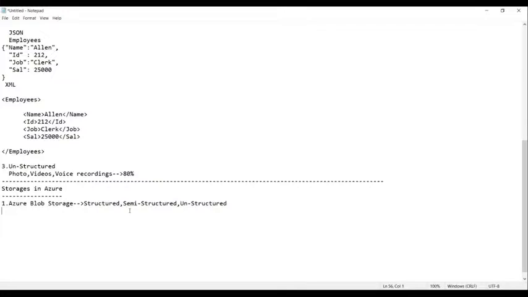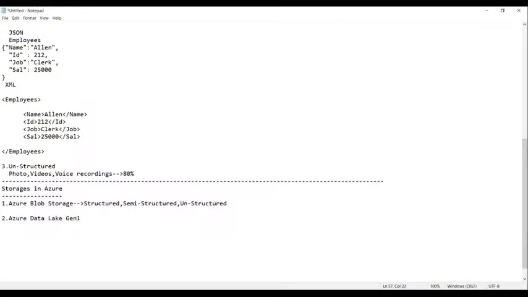Now, guys, the next one is Azure Data Lake Gen 1.